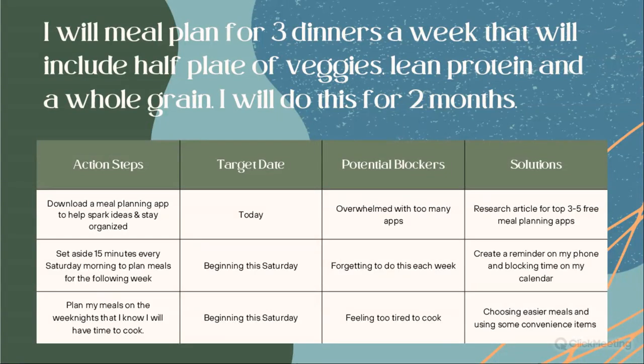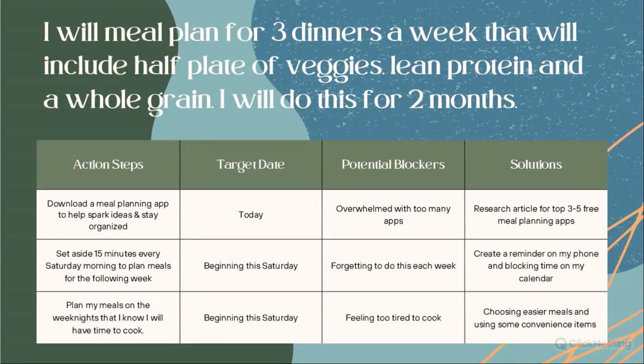So what are the potential blockers? Well, feeling too tired to cook. So solutions for this would be choosing easier meals that are still veggie heavy and include a lean protein and a whole grain. And maybe using some convenience items like frozen vegetables, or maybe vegetables that are already washed and pre-chopped.